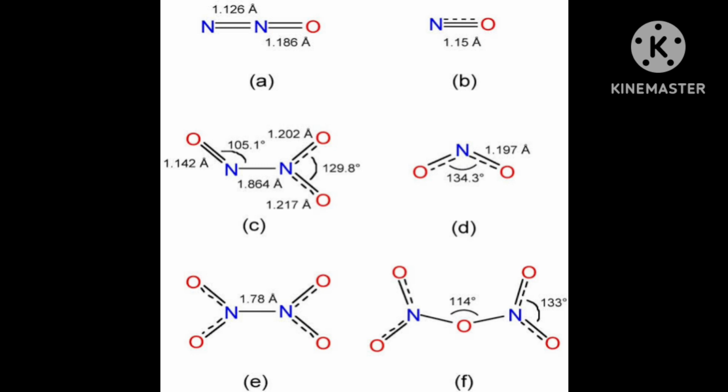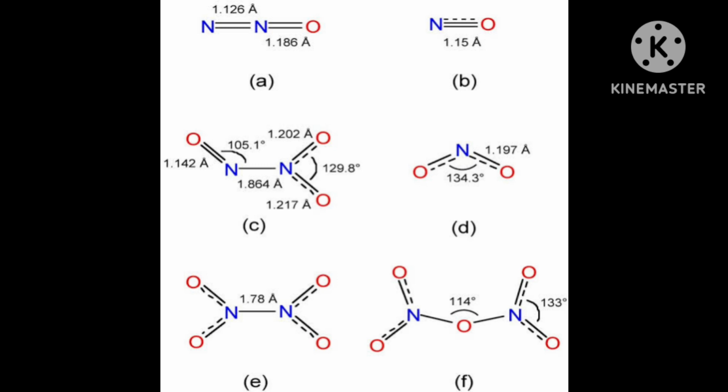And if the angle is more, then there is less strain, and that also affects the bond length, because now the atoms will go far apart. So you can say the angle also affects the bond length. Okay. Then I have told about N2O.